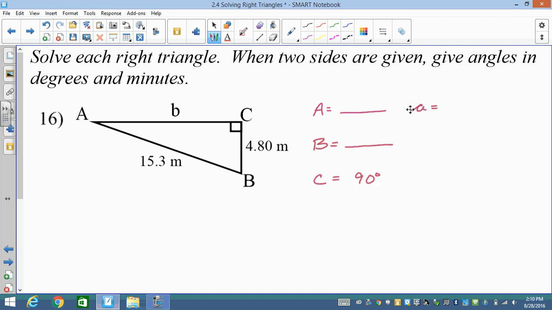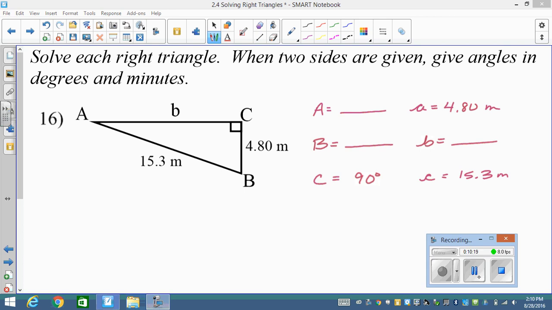Little a is 4.80, little b is unknown, and little c is 15.3. So we need to find angle A, angle B, and side B. Okay, so back into this.